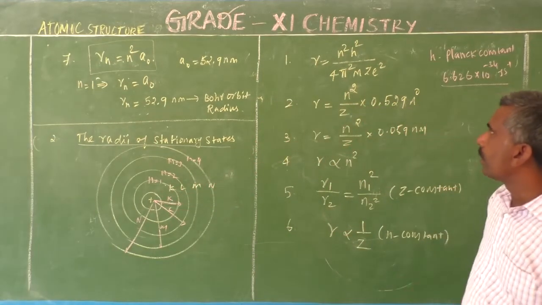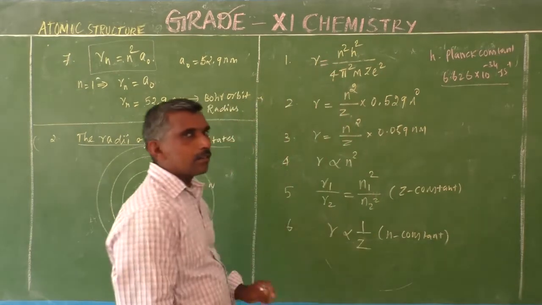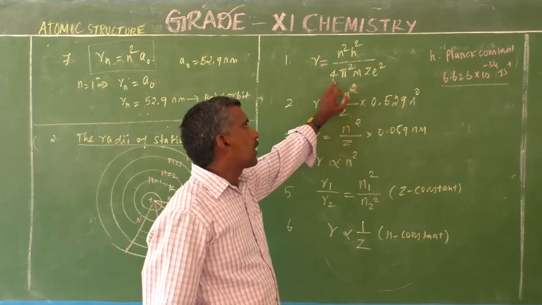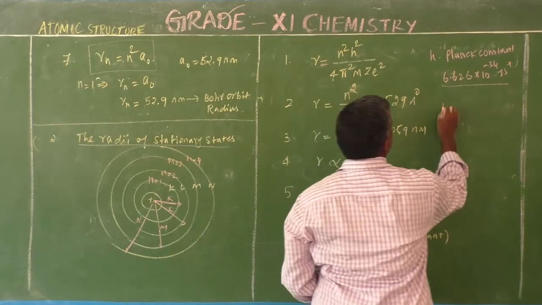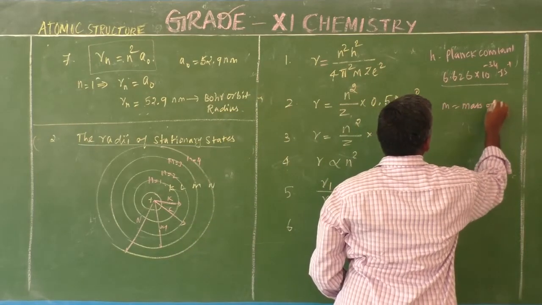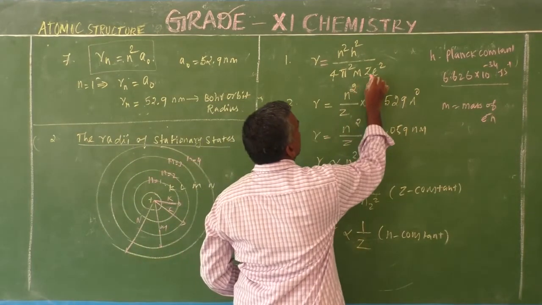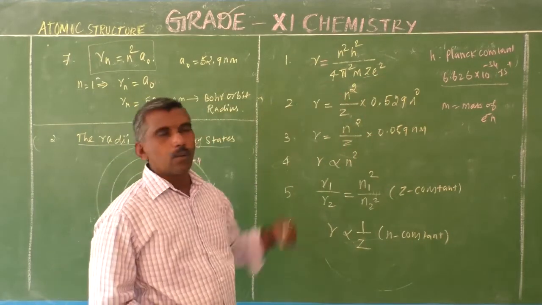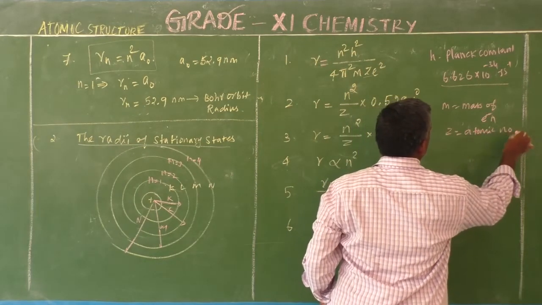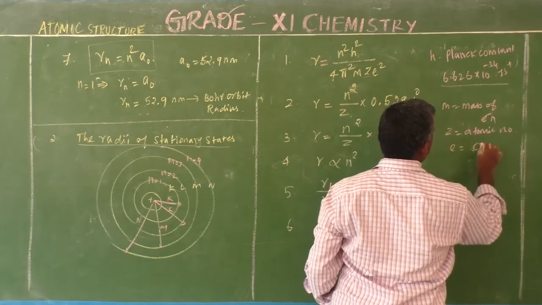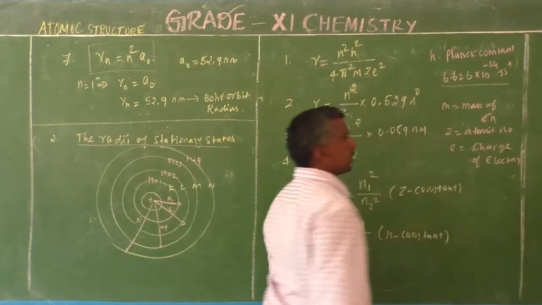That is K shell, L shell, M shell, divided by 4 pi squared m z e squared. 4 is a constant, pi squared, 3.14. Here m is the mass of electron, also a constant value. Electron mass does not change. Z is the atomic number of the element, for hydrogen it is 1. e is the charge of electron.